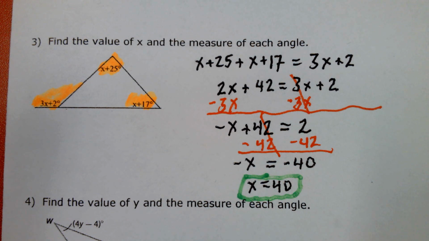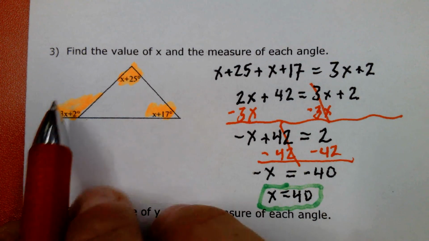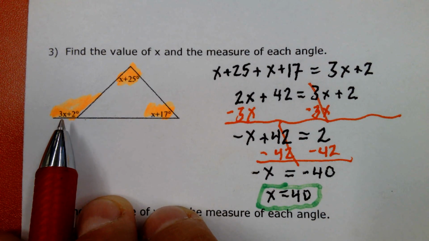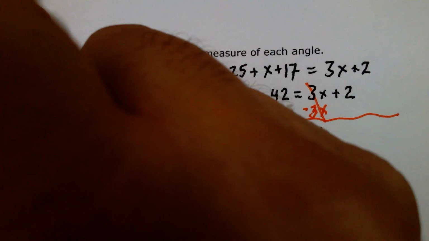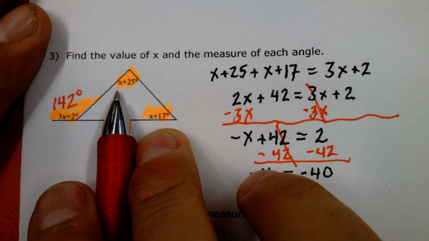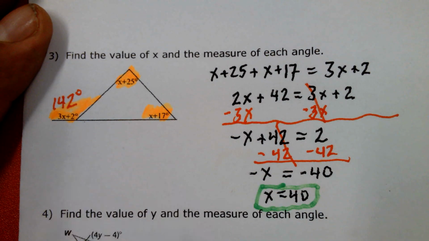Okay, so now let's figure out these measurements. Let's start with this one. What's 3 times 40 plus 2? What's 40 plus 25? 65. So this is 65 degrees.